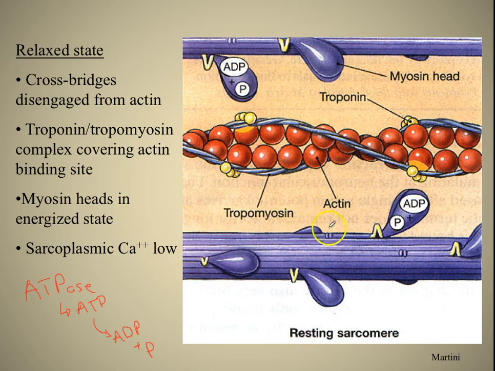So when we have ADP plus P, this myosin head is going to be cocked, bent back, ready to spring forward as soon as these binding sites are made available to it. Okay? So we consider this the energized state. Right now this myosin head is in the energized state, it's ready to go, however the binding site is being covered. In this case, the sarcoplasm calcium levels are low.